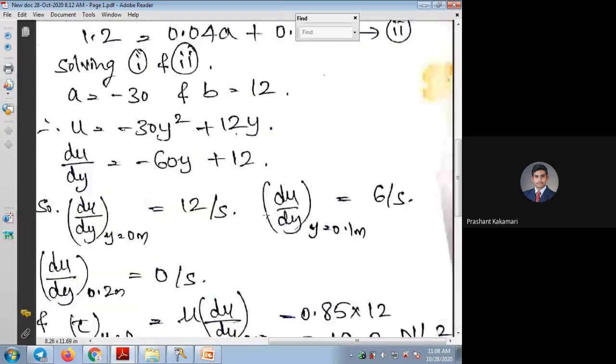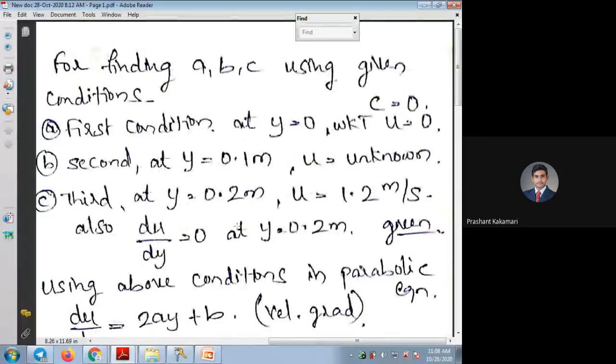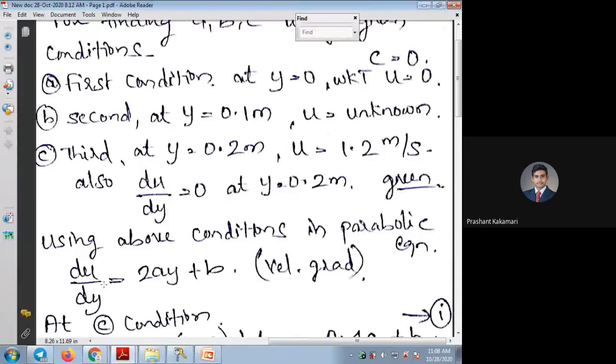And here I have taken y and du by dy, both equations, by considering all these three conditions. If you consider first condition, y equal to 0, velocity will be 0. So by that, constant c will be 0. So c will be 0 for all the cases.